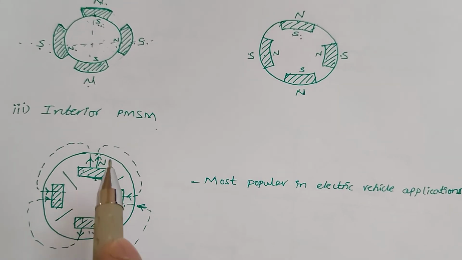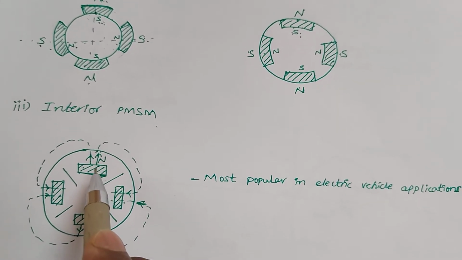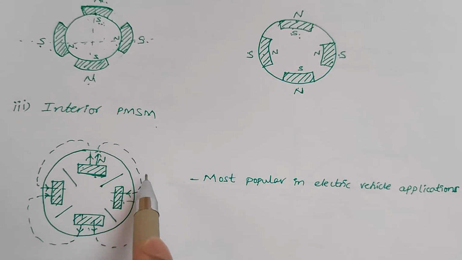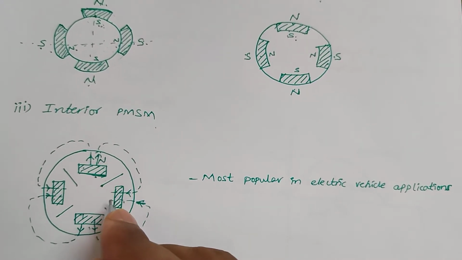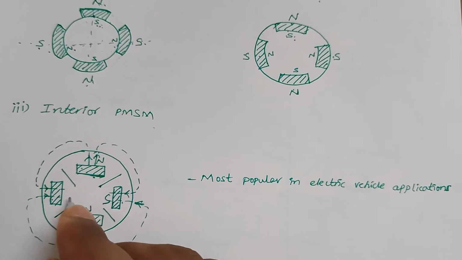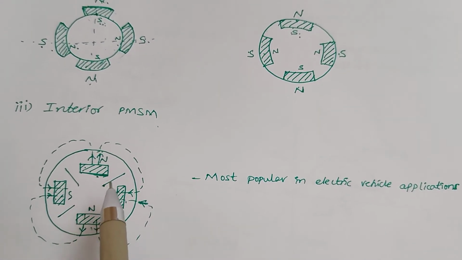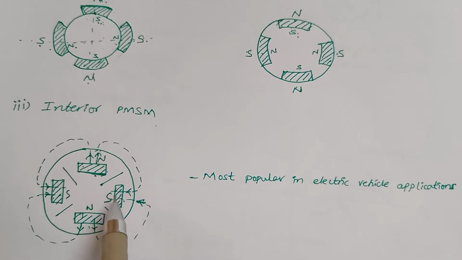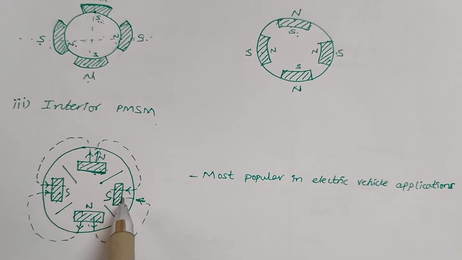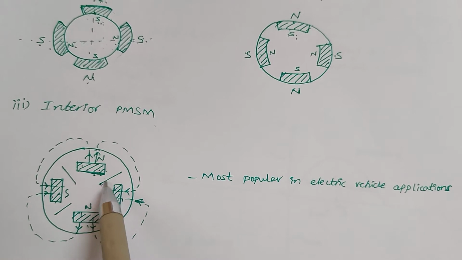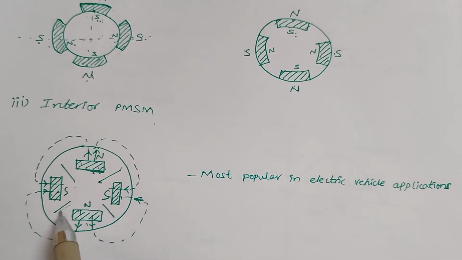And if we see here, the field is going out from the north pole and it needs to enter into the south pole. Here this is south, again this is north and south, right? Between one permanent magnet and another, non-magnetic strips are placed.